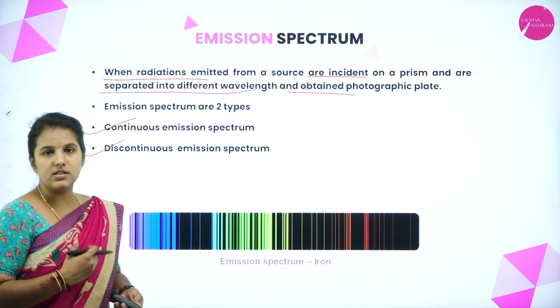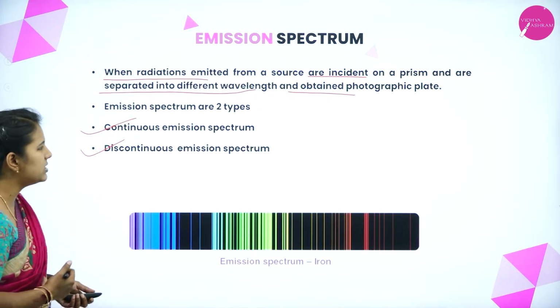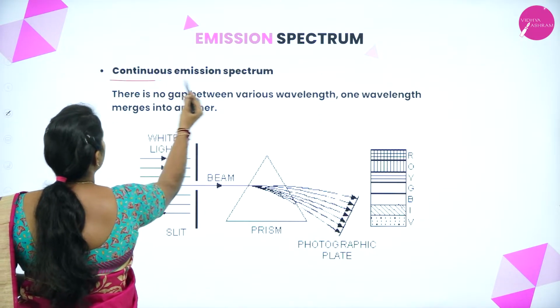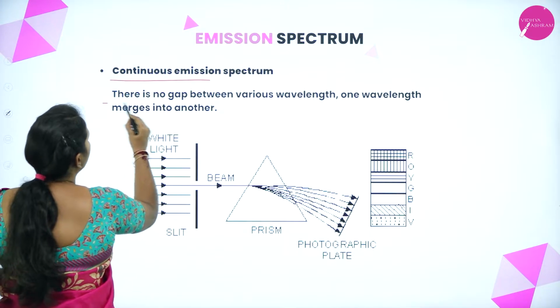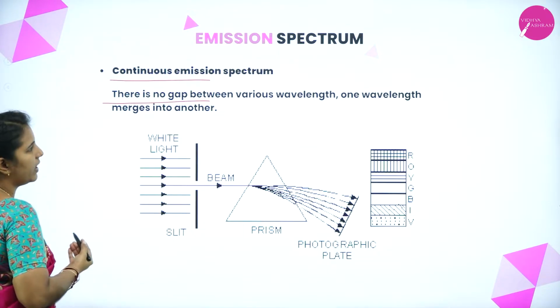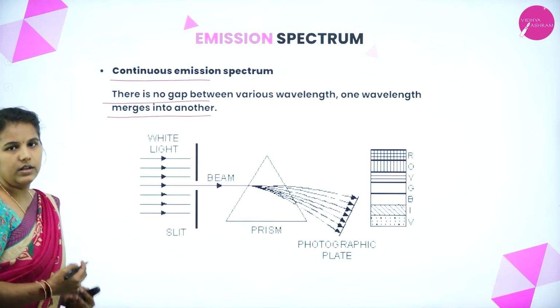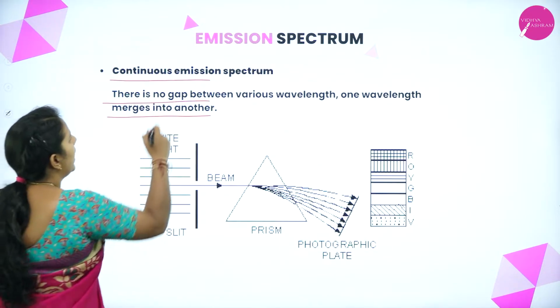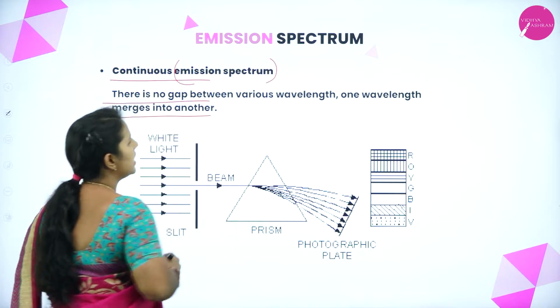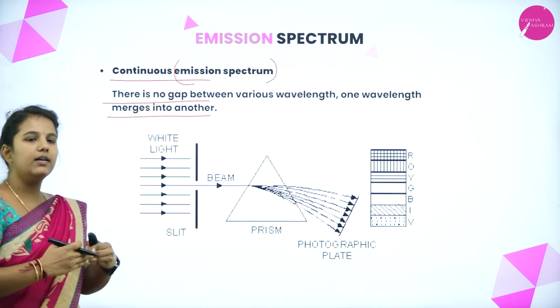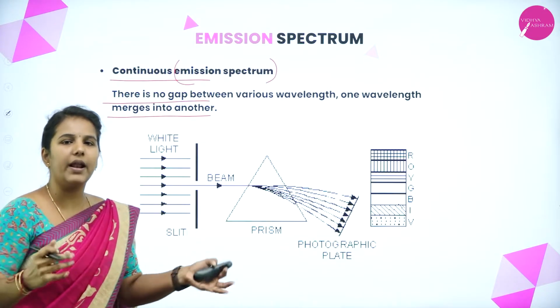Now let us understand what is a continuous emission spectrum. Continuous emission spectrum means there is no gap between the various wavelengths and one wavelength merges with another one. Emission spectrum is the emission of radiation from a particular source where the wavelengths get separated.